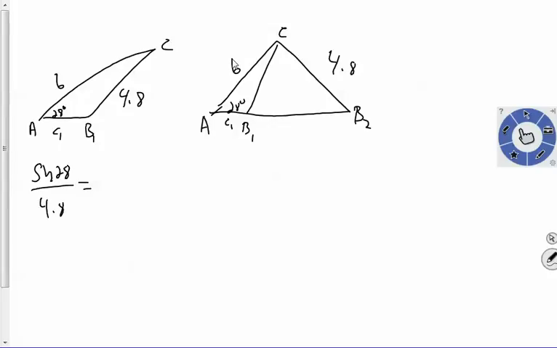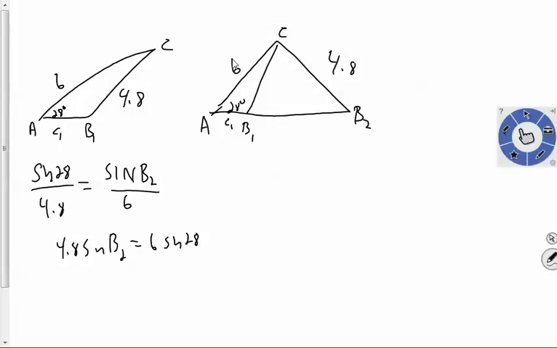And what do I want to do here? So I'm going to do sine of 28 over 4.8 equals the sine of B2 over 6, that'd be easier. So then you cross multiply, you get 4.8 sine B2 equals 6 sine 28.